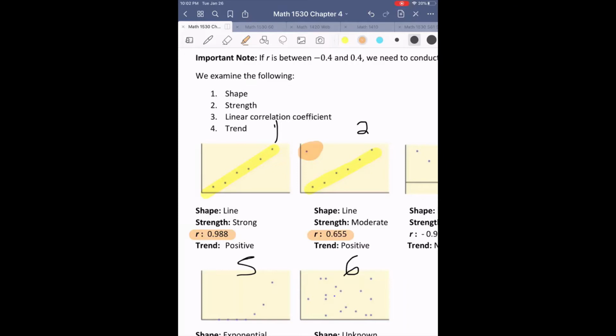Now, this is still a pretty nice R value, but it's going to be weaker in terms of its linear relationship than scatter plot 1. So the closer that your R value gets to 0, the weaker that linear relationship will be. Something else we can look at is the trend. Both of these are moving in the positive direction, so they have a positive trend. And you should also notice that these R values are positive as well. That matches up with your trend.